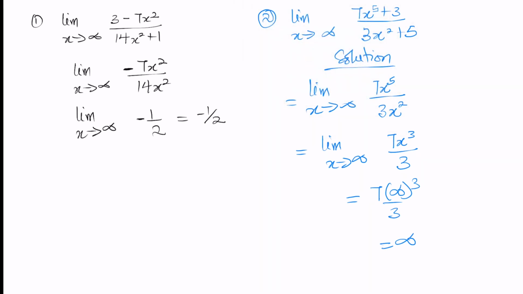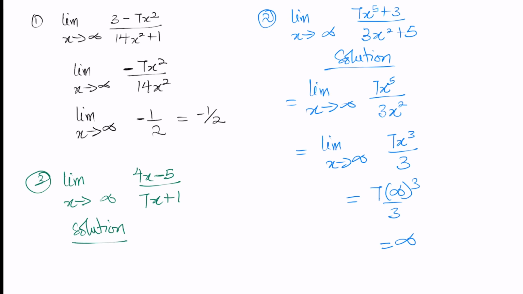Example 3. I want to find the limit as x approaches infinity of (4x minus 5) divided by (7x plus 1). Solution.